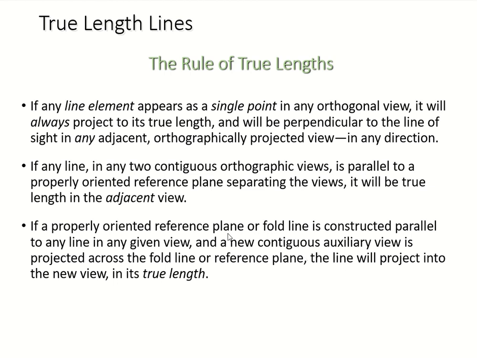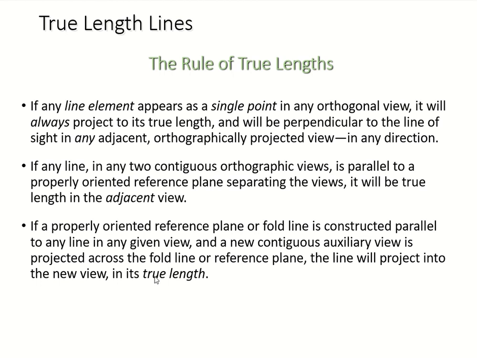We call it the fold line or reference plane. So if that plane is parallel to any line, that line is going to project into the new view again in its true length.